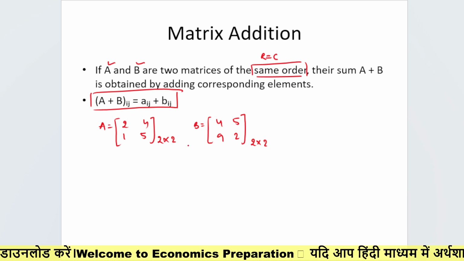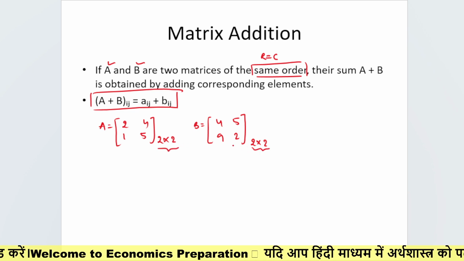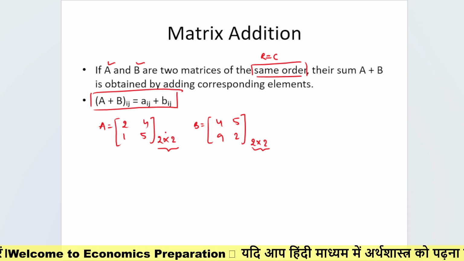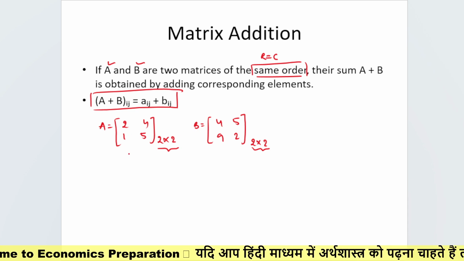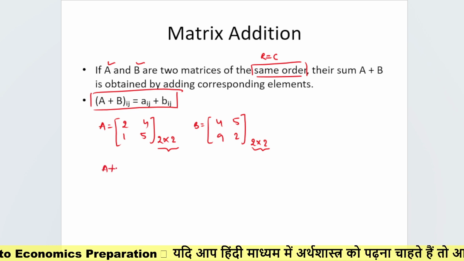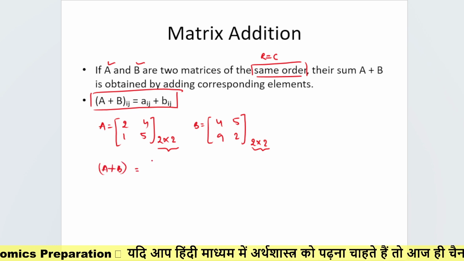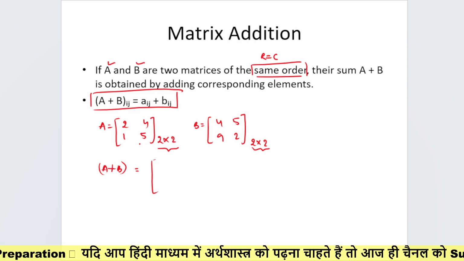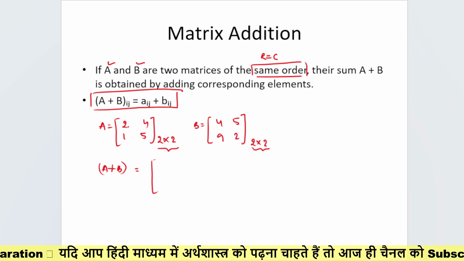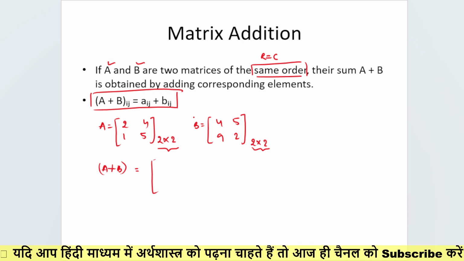In this situation, both matrices are of same order, so their addition will be granted, and the A plus B matrix will be found like that when we add the corresponding elements of both the matrices.